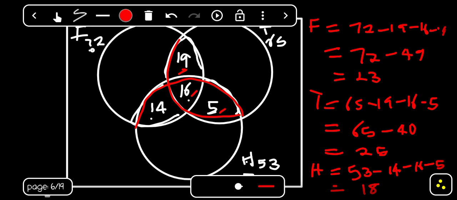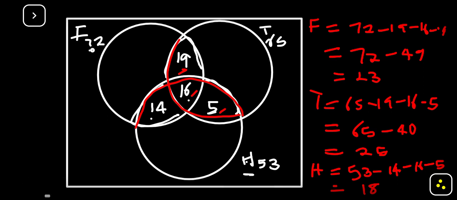For First Bank only, 23. For Trust Bank only, 25. For Hallmark Bank only, 18. So now if we add all of them together, we should get the number of customers that banked in only one of the three banks.